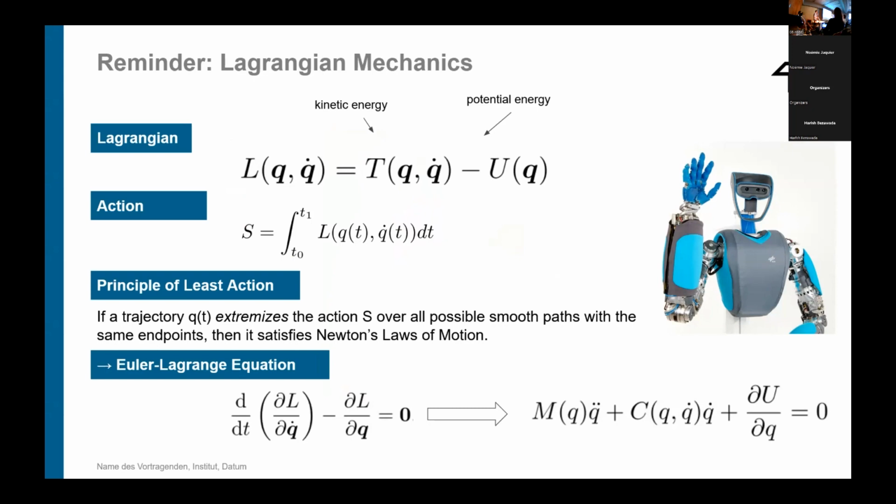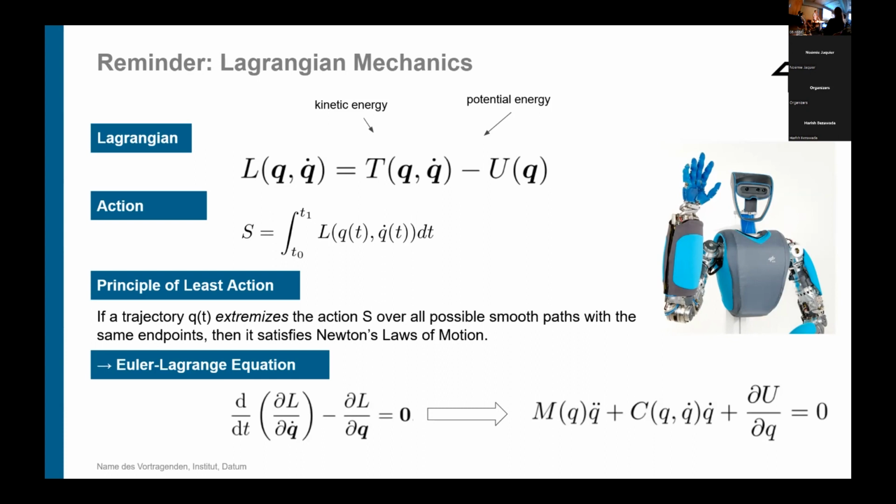So T is kinetic, U is potential. And then we have something called the action integral, actually called the Hamiltonian action integral. It doesn't involve the Hamiltonian, but it's still called the Hamiltonian action integral. And this is integrating L from some time t0 to some time t1 over some given trajectory.